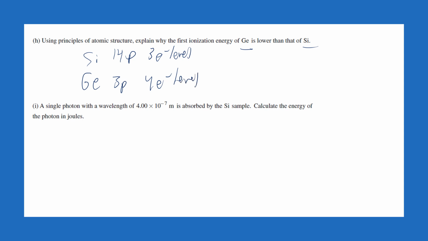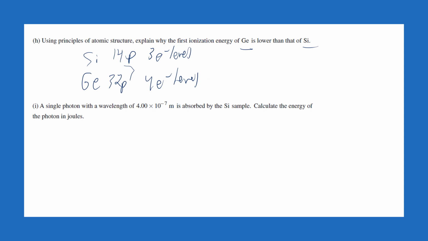They're in the same group. Silicon and germanium are right on top of each other in the same group. If they're in the same energy level, then you need to look at protons. But since they're in different energy levels, that's the important part.